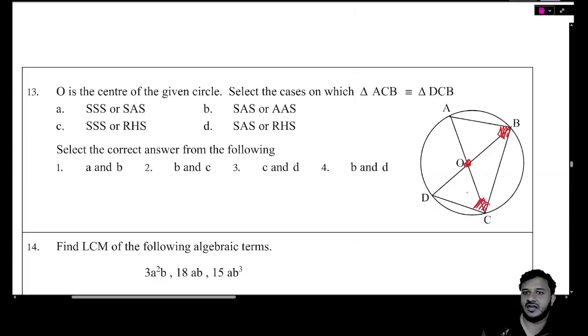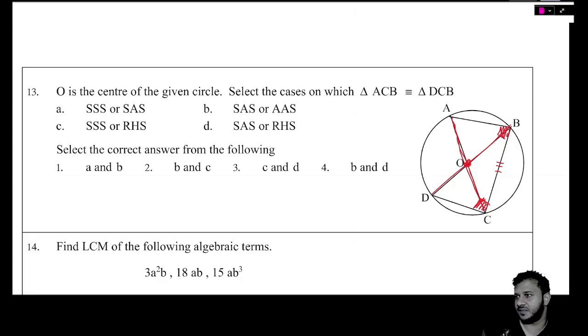Why? Angle in a semicircle. And this length is common to both of them. And this is the diameter and this is the diameter. Can you all see that? Two diameters. So definitely what works here? RHS definitely works. There are no doubts about RHS. What else can work here?